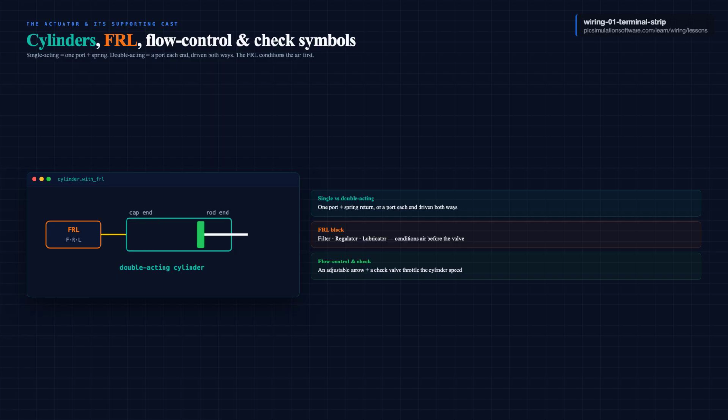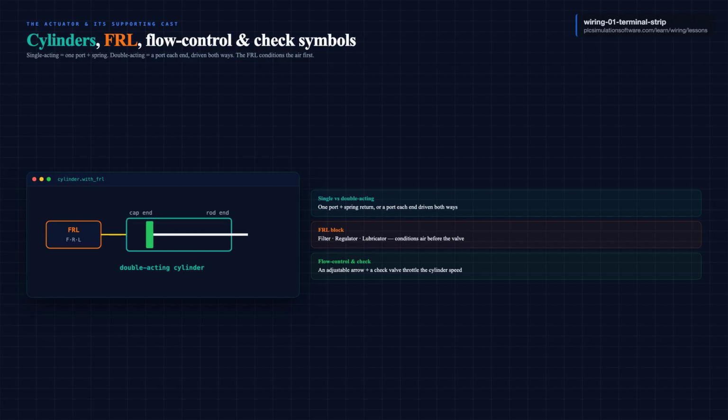And there is the FRL, that is a combination block, a filter, a regulator, and a lubricator. It conditions the air before it ever reaches the valve. You will also see flow control valves. They are drawn as an adjustable arrow, often paired with a check valve. They throttle the cylinder speed in one direction. Spot those, and you know where the speed is being tuned.